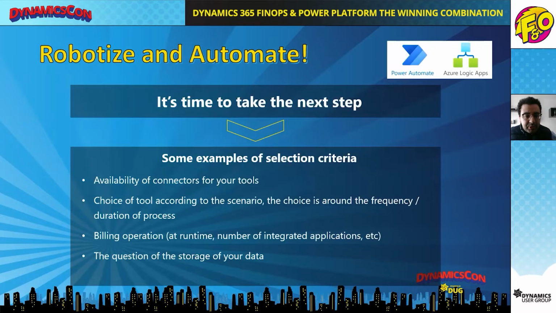The third step is to robotize and automate. You've mapped out your processes and prioritized which ones you want to automate. So it's time to take the next step. This requires identifying the appropriate data integration platform for your needs. For that, you have to ask some essential questions to define the automation criteria. For example, we can ask about the availability of data connectors for your tools, and the question of storage of your data.